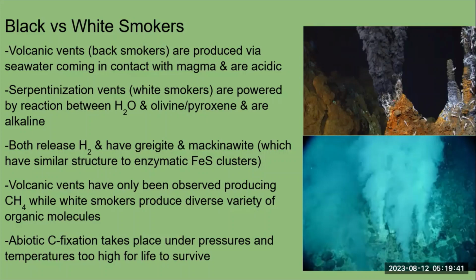These minerals catalyze Fischer-Tropsch type reactions, but so far only methane has been observed being produced in volcanic vents. While a far greater variety of organic molecules have been produced in white smokers, making them a better candidate for the cradle of life. However, there are still problems such as that the abiotic production of organic carbon takes place at temperatures and pressures that are too high for any life to survive.